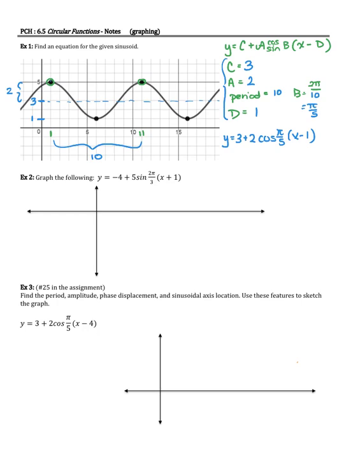Now if we want to graph it, I'm going to do the same thing. Let's identify what we have. Our c is going to be a negative 4, amplitude is going to be 5. Since I have 2 pi over 3, that's the b value. That means my period is going to be 2 pi divided by that, which is 2 pi divided by 2 pi over 3.